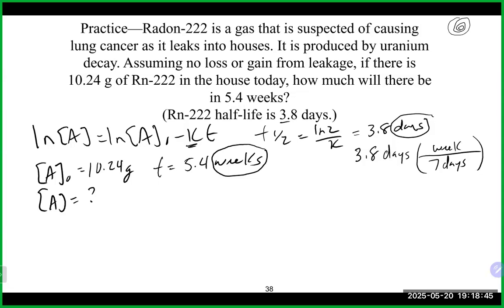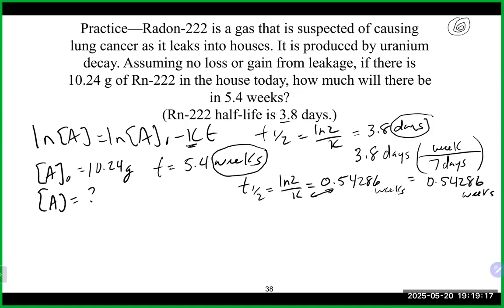There are 7 days in a week. That's going to get us 3.8 divided by 7, 0.5426 weeks. Now using my half-life equation to solve for my decay constant, these two basically just switch places.